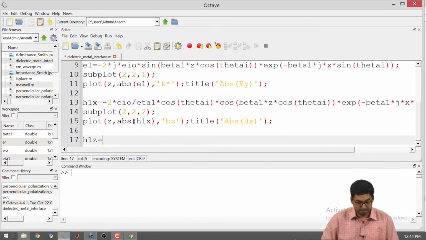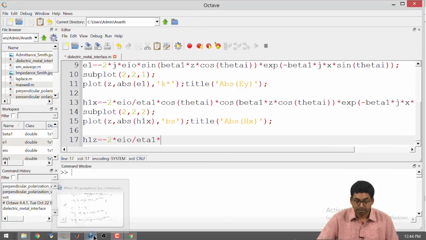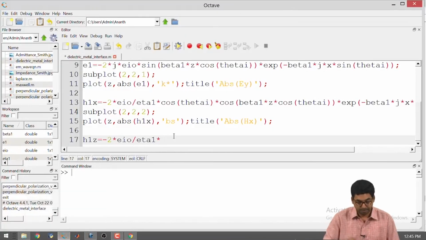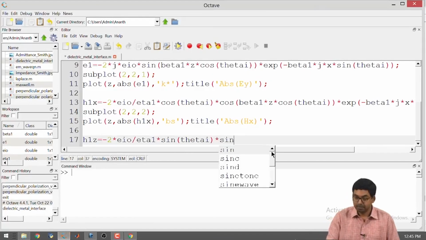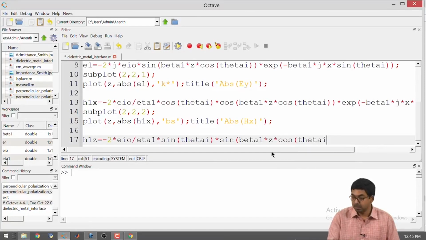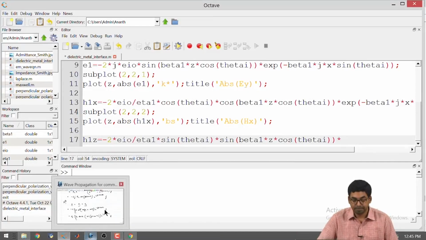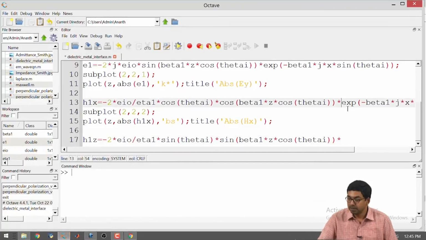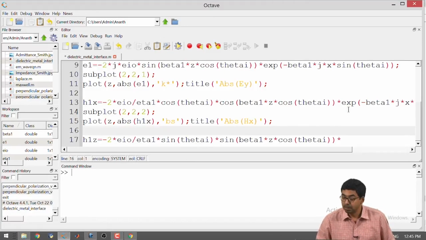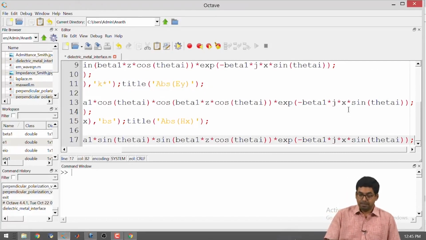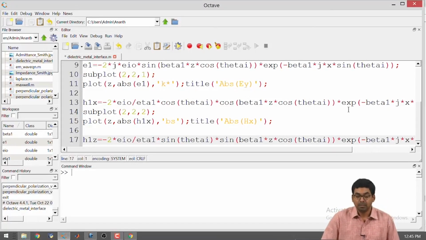So, this part is the same, into sin theta I. Then I have sin beta 1 z cos theta I. I think the remaining form will be the same, there is no change there. So, I will go ahead and make a plot out of this.